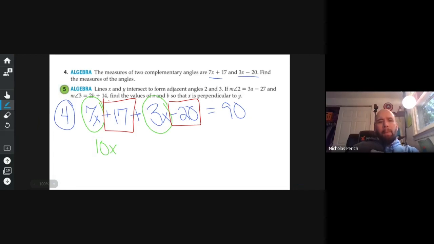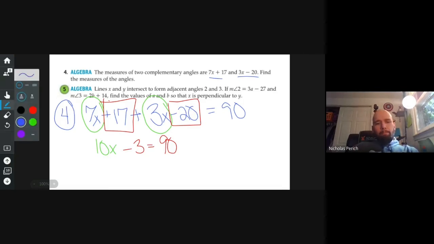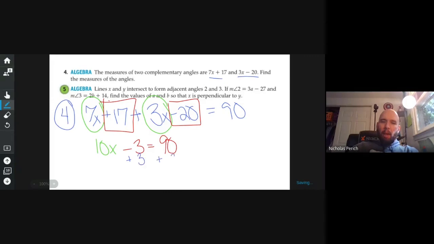Ew, decimals. Did I do something wrong? No. 10x minus 3 equals 90. Add 3. Add 3.